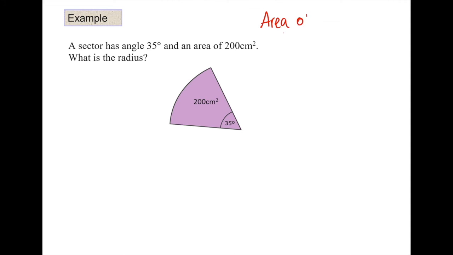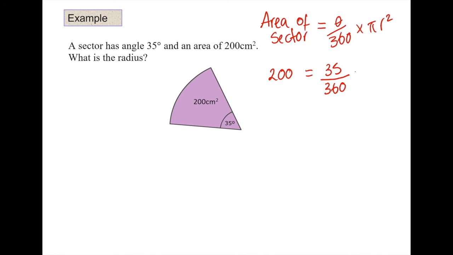Area of sector equals theta over 360 times pi r squared. Now let's substitute in what we have been given. The area of the sector is 200, the angle theta is 35, and then pi is as it is, but we need to find the radius.